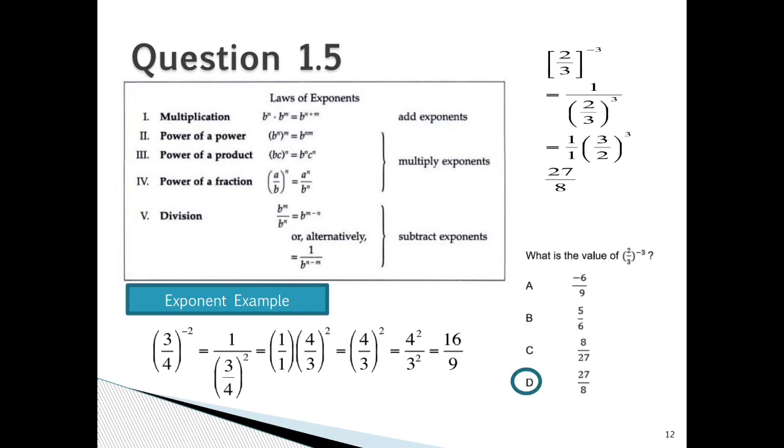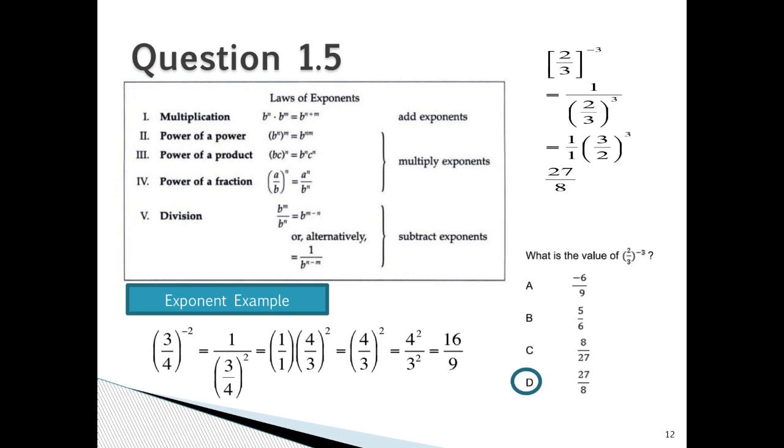For multiplication, b to the power n times b to the power m is equal to b to the power n plus m. You add the exponents. For the power of a power, (b to the power n) to the power m is equal to b to the power n times m.